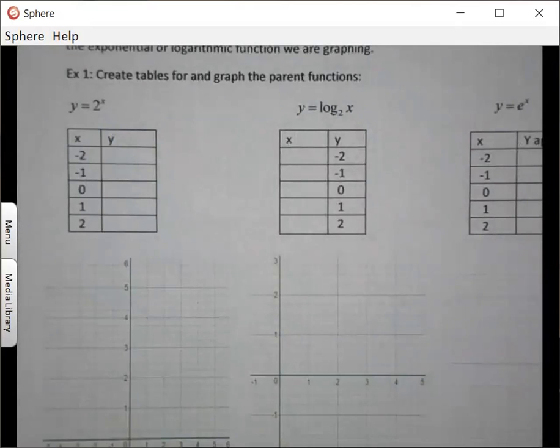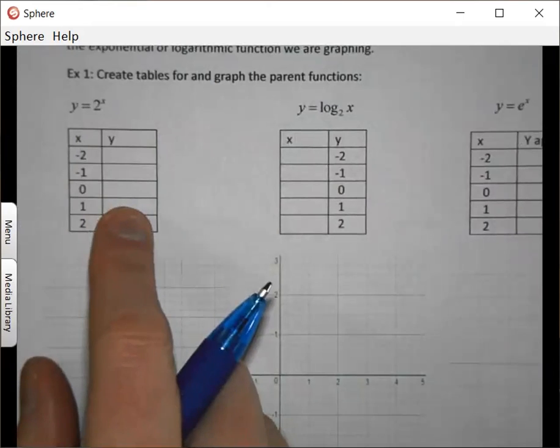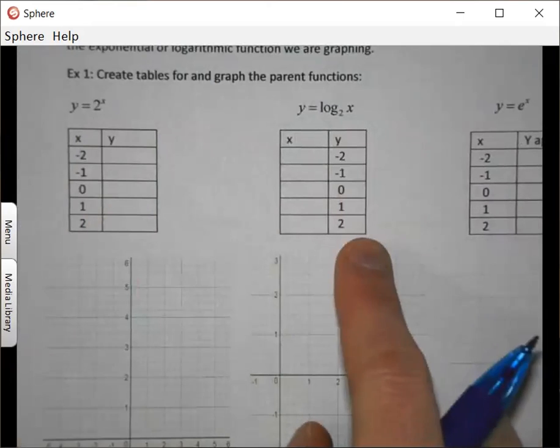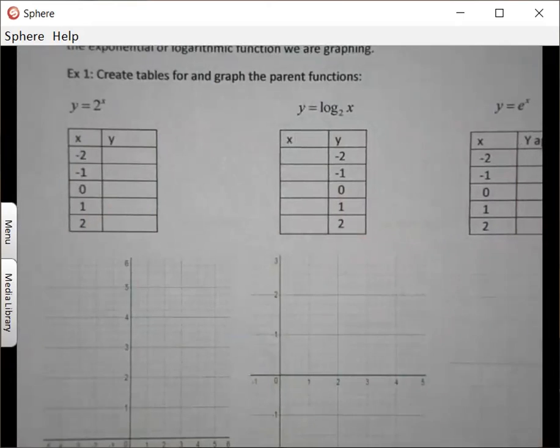So if your function, for example, had a different base, like a base of 3, you would have to create a different parent function. So let's go ahead and create our parent functions for base 2, log base 2, and base e.